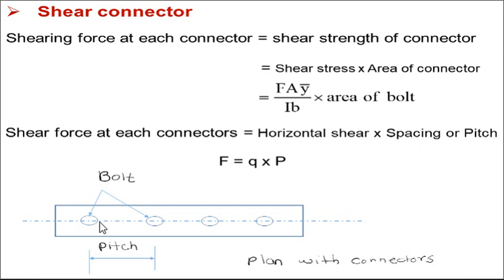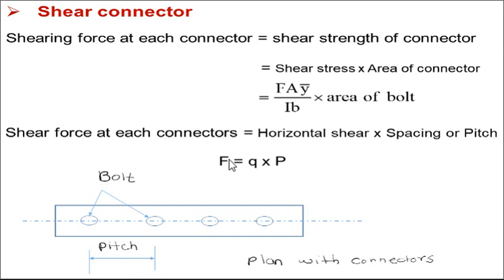Pitch means the center to center distance between two adjacent connectors. Here the bolts are used for connection, that's why the center to center distance is called the pitch. In the figure you can see the pitch, also called the spacing, meaning the distance between two adjacent connectors or bolts.